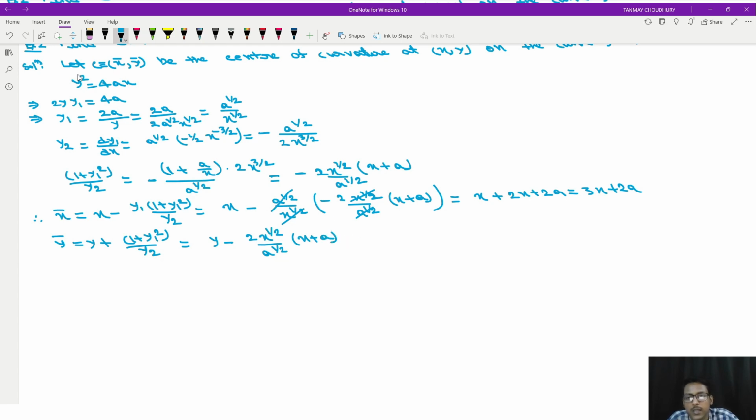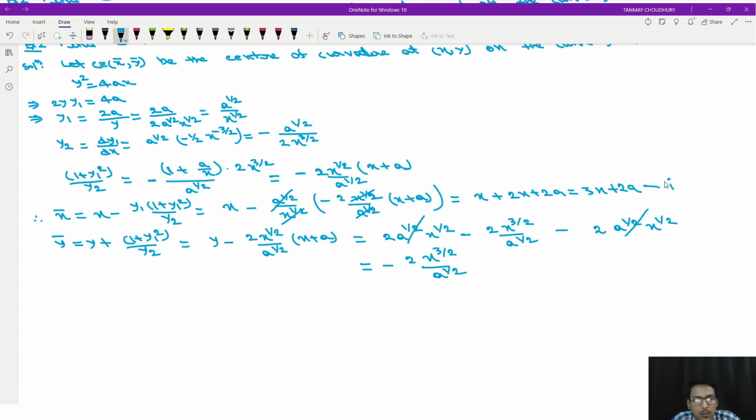But from the equation of the curve, y is twice a to the power half x to the power half, so y bar is twice a to the power half x to the power half minus twice x to the power 3 by 2 divided by a to the power half minus twice a to the power half x to the power half. So this gets cancelled out, and y bar is finally minus twice x to the power 3 by 2 divided by a to the power half.